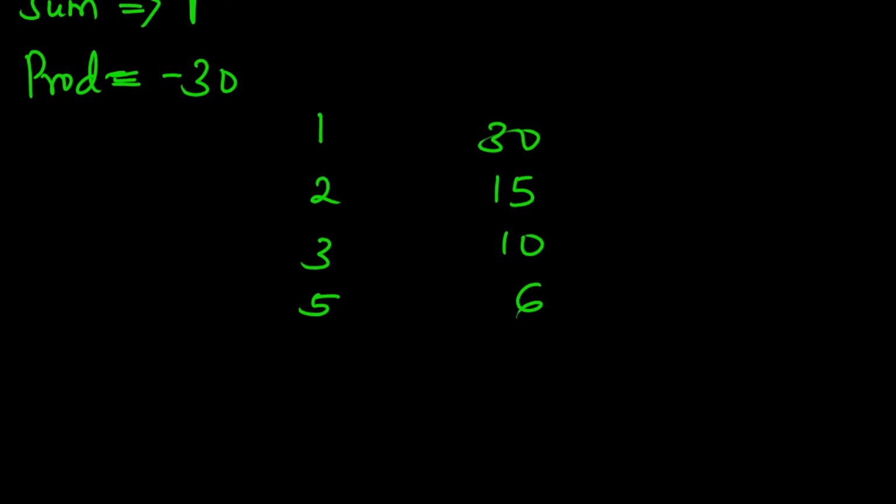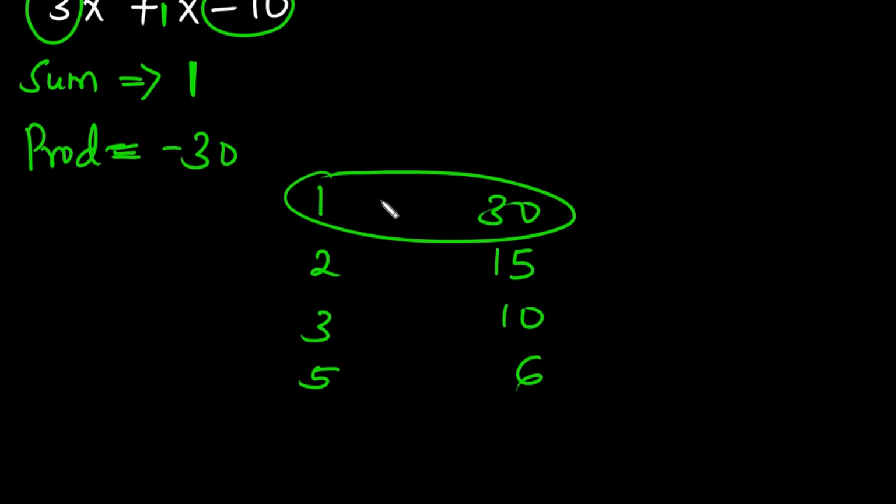Yes. So let's start with 1 and 30. Is there a way we can have the sum, or we can play around with negatives until we get a sum of 1? I don't think it's possible for that one. It's far beyond this sum. Let's say we have negative 1 plus that.